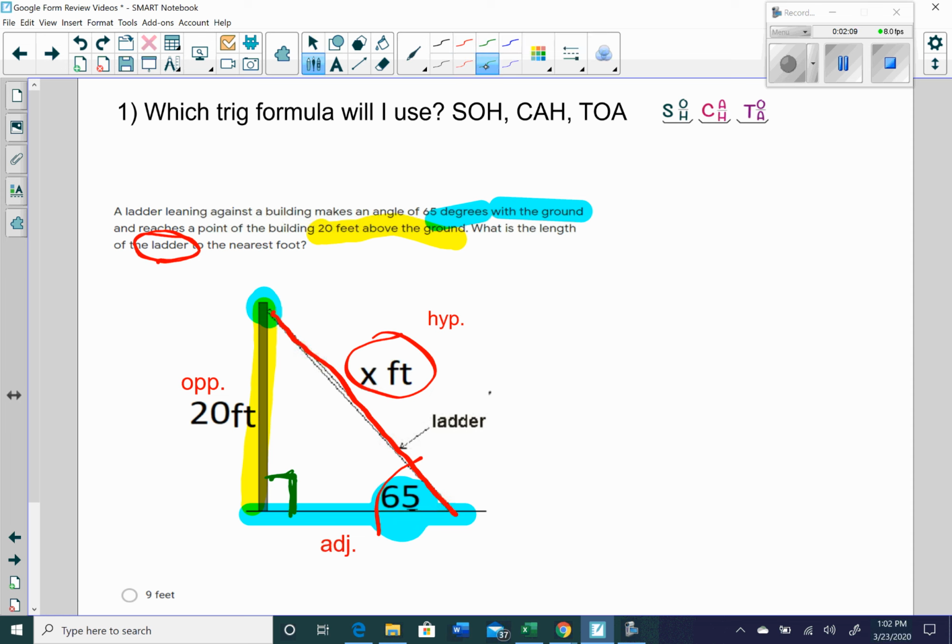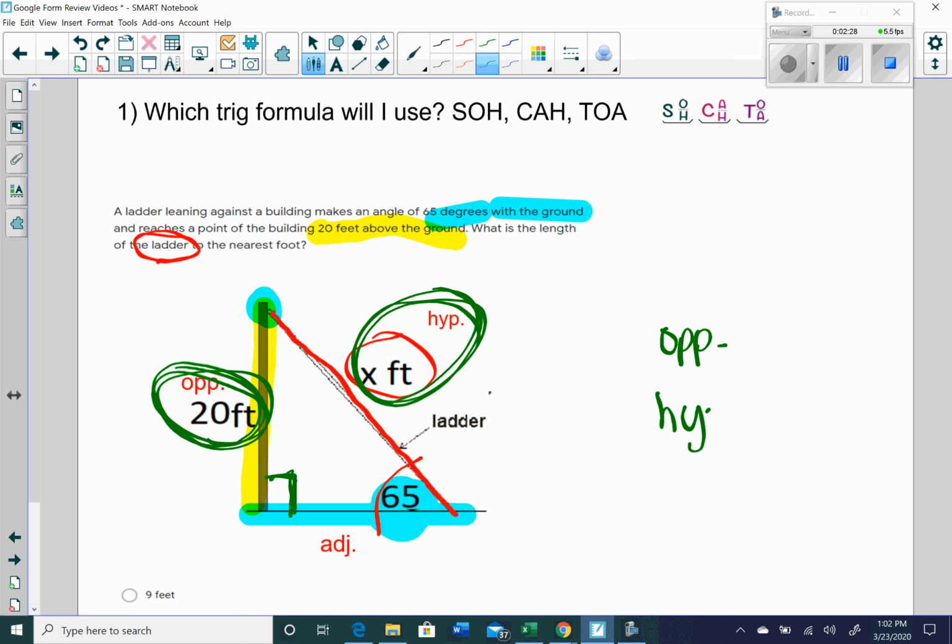Looking at the triangle, we can see that we're given the opposite, the height, and we're given the hypotenuse, the ladder, in our problem. One of them is remaining the variable, but that's fine. That's what we're trying to solve for. So we're looking for a formula involving our opposite side and our hypotenuse.